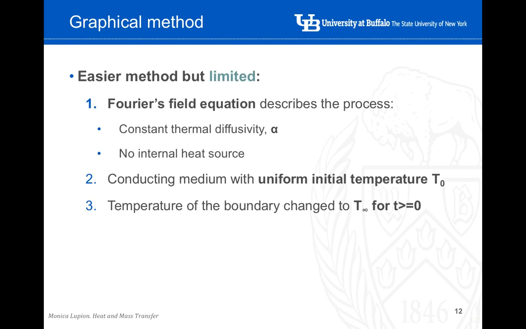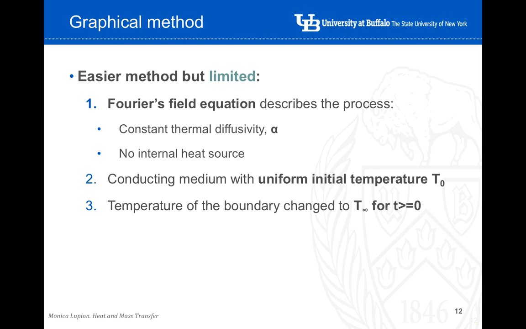So, in general, graphical methods are easier, but they are limited. There are 3 different assumptions that we need to make in order to apply the charts. One is that we need Fourier's field equation, or Fourier's second law, to describe the process. That means that we need to have a constant thermal diffusivity, alpha, and also that there is no internal heat source.